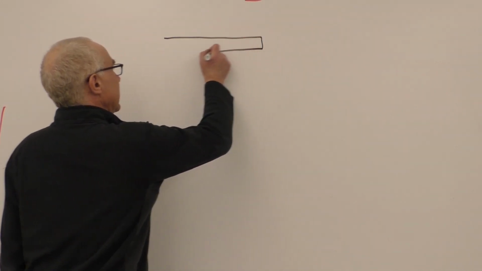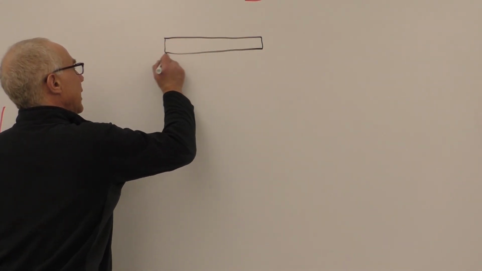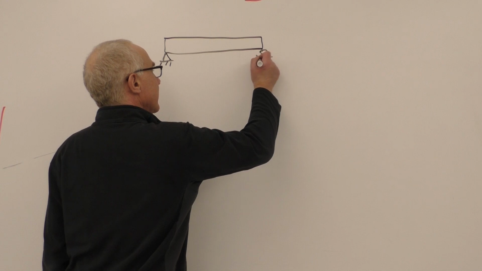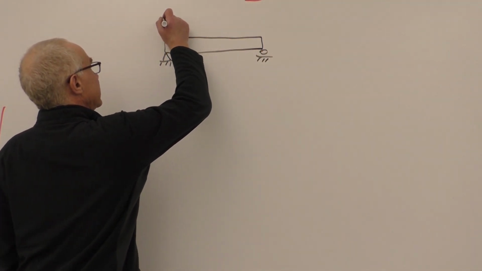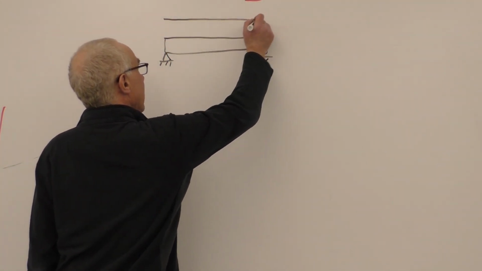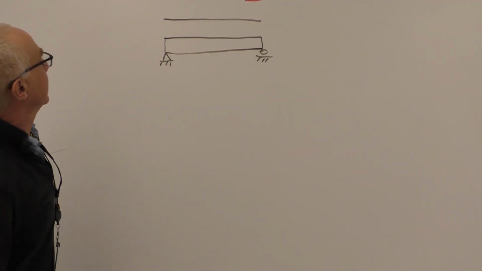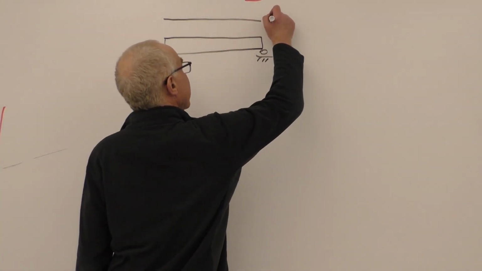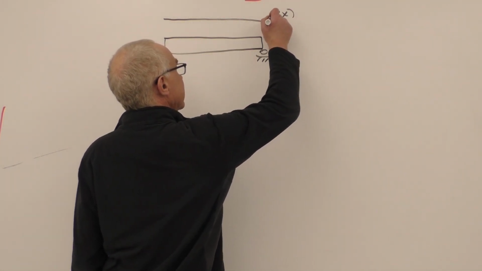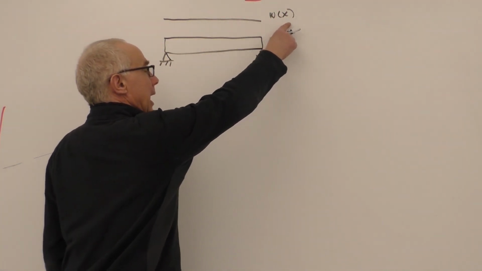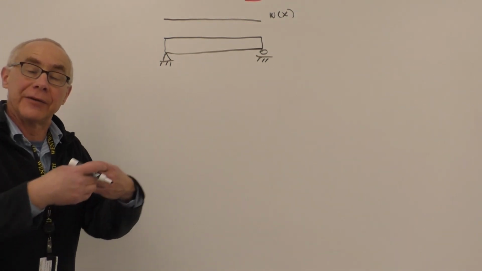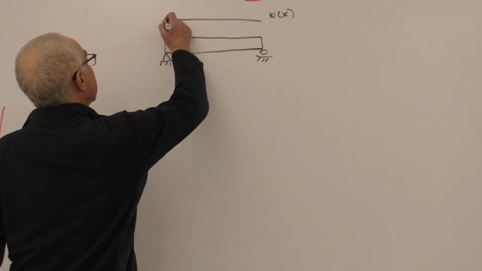Essentially we have a beam like this, with some supports holding it up, and it has a continuous loading that may or may not be flat. In this case, I've represented it as a pretty flat surface. This is going to be W of x, but you see I put W of x, meaning that W may vary in the x direction.